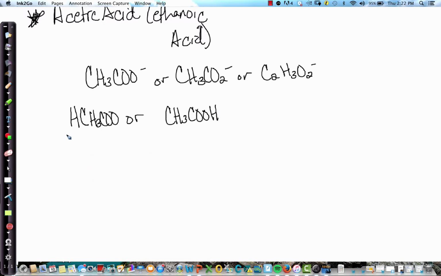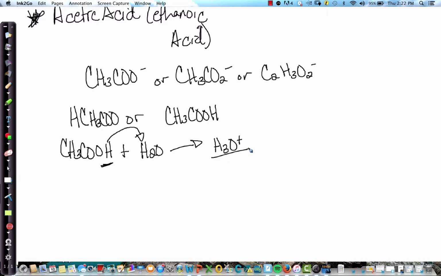So when we write out this equation, we're going to have acetic acid, and it's going to dissolve into water. But remember, a weak acid or weak base is actually going to react to the water. So since this is an acid, we are going to remove a hydrogen and then add it to the water. So we're going to make hydronium. So anytime that you have an acid and water, you're going to make hydronium.